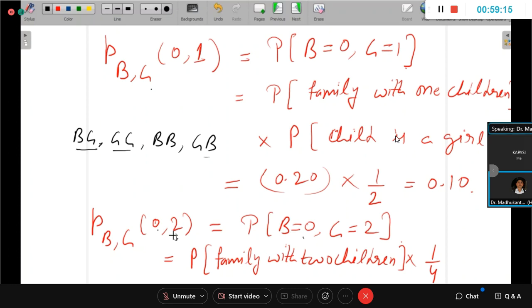See, when you are identifying a particular child, being a girl or a boy has probability 1 by 2. That you have to keep in mind.